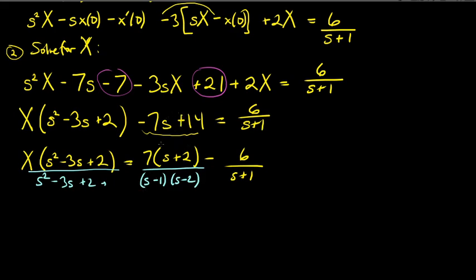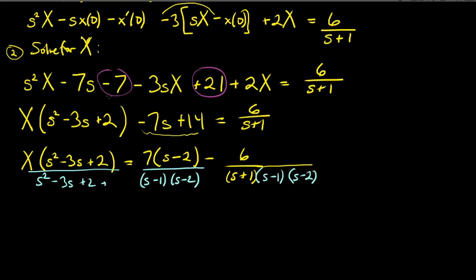Right, so when you subtract, you get 7s minus 14, which means this should be a minus 2. Yeah, I thought something canceled here. That's why I was a little unsure here. Right. Oh, and don't forget, you got to do it to both terms here, because you're dividing the whole thing left and right. So here you get s minus 1 times s minus 2 as well.